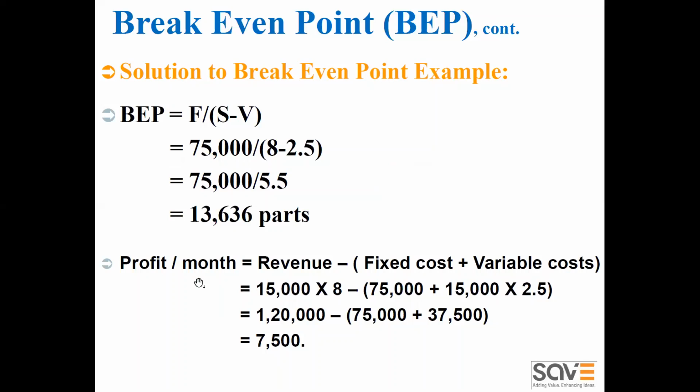Profit is nothing but the revenue what you are going to get minus total cost. Total cost is nothing but the fixed cost plus variable cost. Fixed cost is there and variable cost you need to multiply to get. You get the total cost here. And revenue is nothing but the sales.